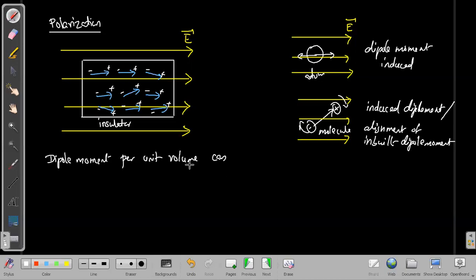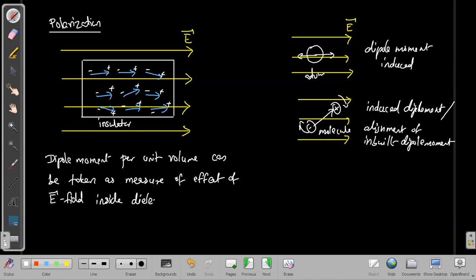This can be taken as a measure of the effect of the electric field inside dielectrics, or it's also called an insulator.